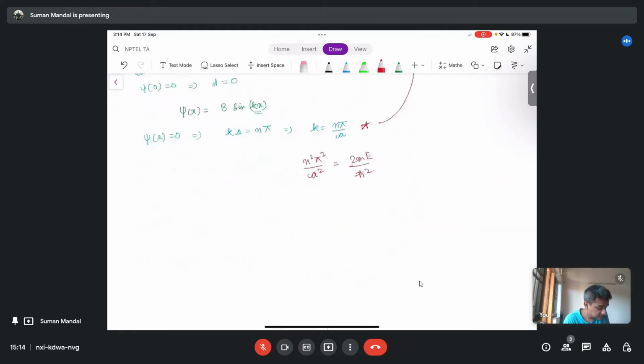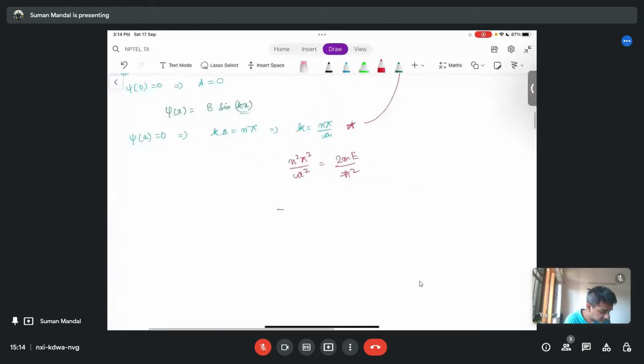Okay. So n is 2mE a square by h cross square pi square, the whole to the power one half. So this is the value of n in one dimension. This is important.